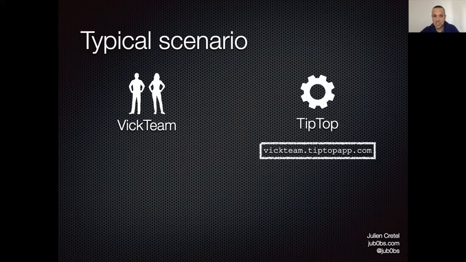But for Victim, that's not great, because what they'd like is to make their TipTop instance available from one of their own subdomains. So they go to TipTop and TipTop says, no problem, we offer this functionality. All you have to do is go to your DNS config and add a CNAME record, a DNS record of type CNAME, that points one of your subdomains to your TipTop instance on our service.